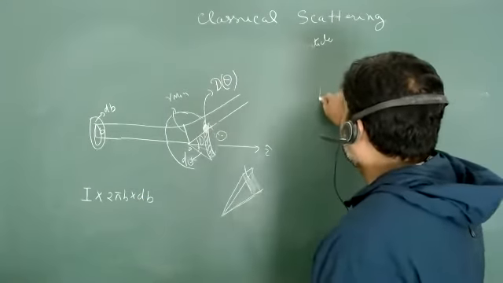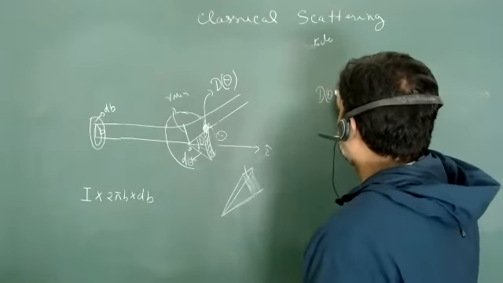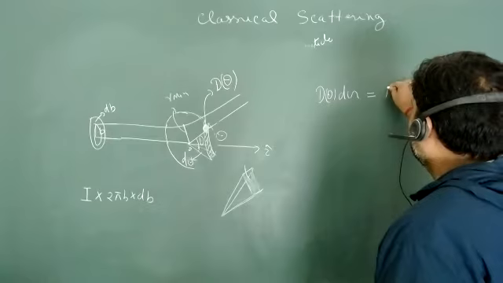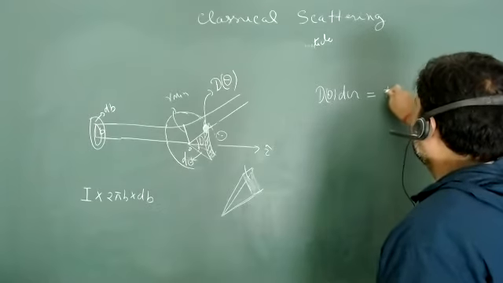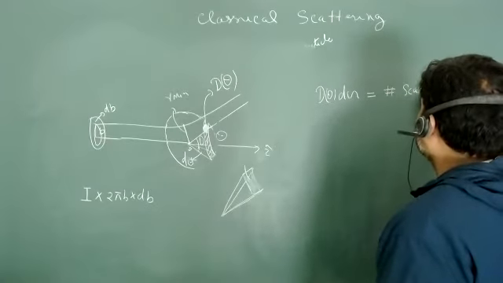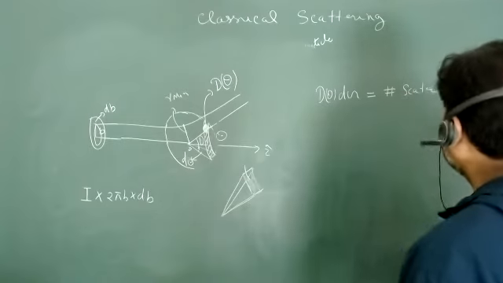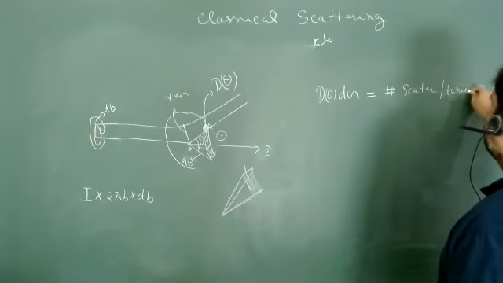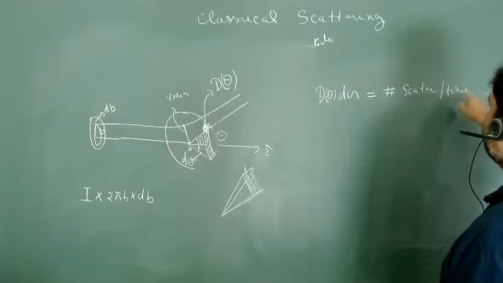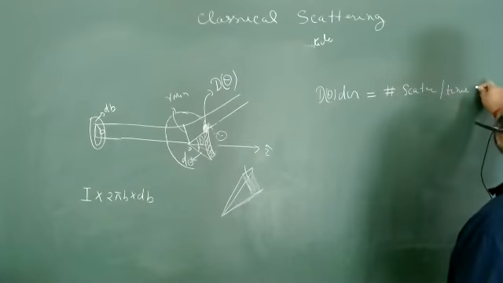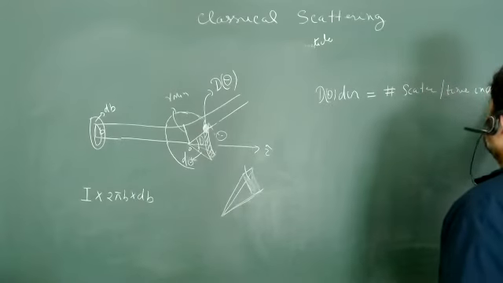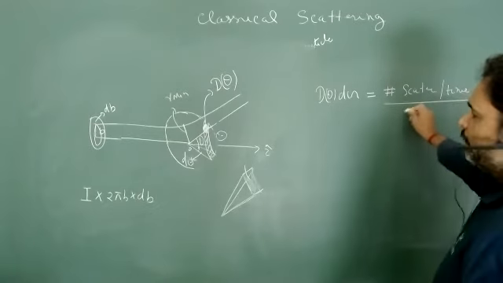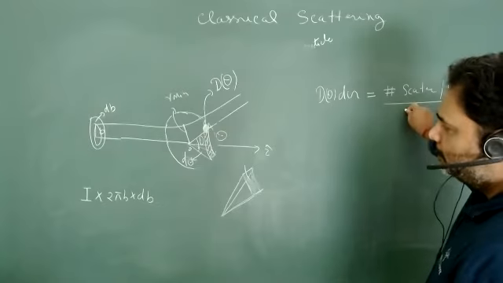And what we have? We have d theta d omega is equal to the number of particles which are scattered per unit time in a solid angle d omega by the incoming intensity, isn't it?